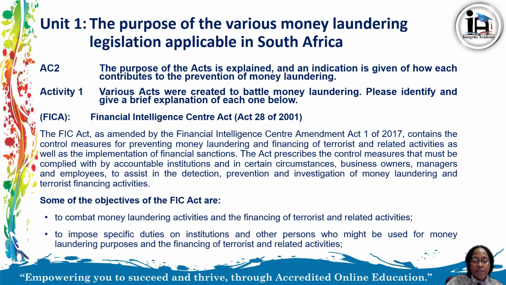Some of the objectives of the Financial Intelligence Centre Act are to combat money laundering activities and the financing of terrorist and related activities, to impose specific duties on institutions and other persons who might be used for money laundering purposes and the financing of terrorist and related activities.